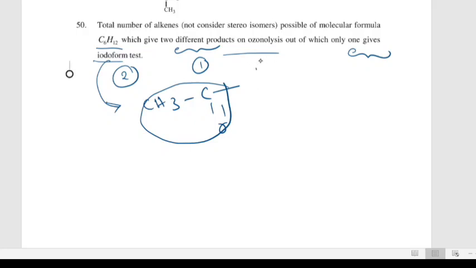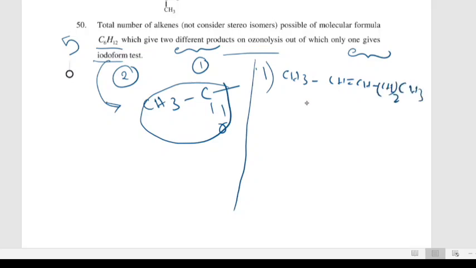So it's a bit lengthy process to check all the things. Anyhow, I'm going to write the answer here, direct answer. First of all, there are five alkenes which satisfy both the conditions. The first one is CH3, CH double bond CH, CH2 twice CH3.